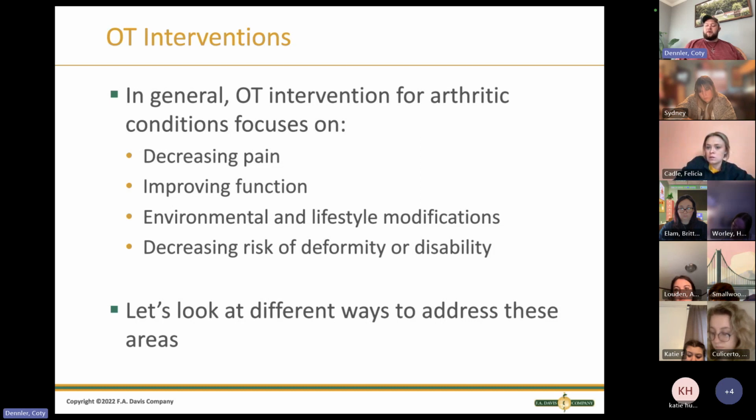You guys got those 4 things? I have decreased pain, improved function, and I didn't get the next 2. They're on that slide right there. Environmental and lifestyle modifications and decreasing risk of deformity or disability.